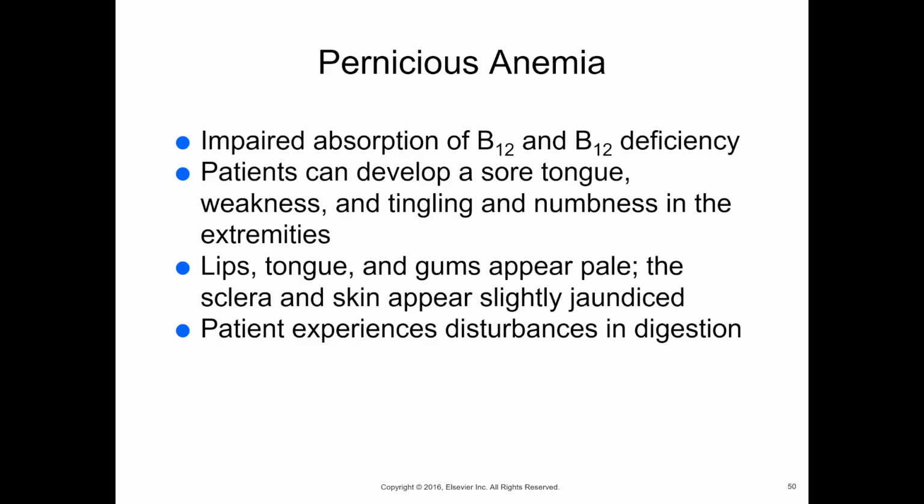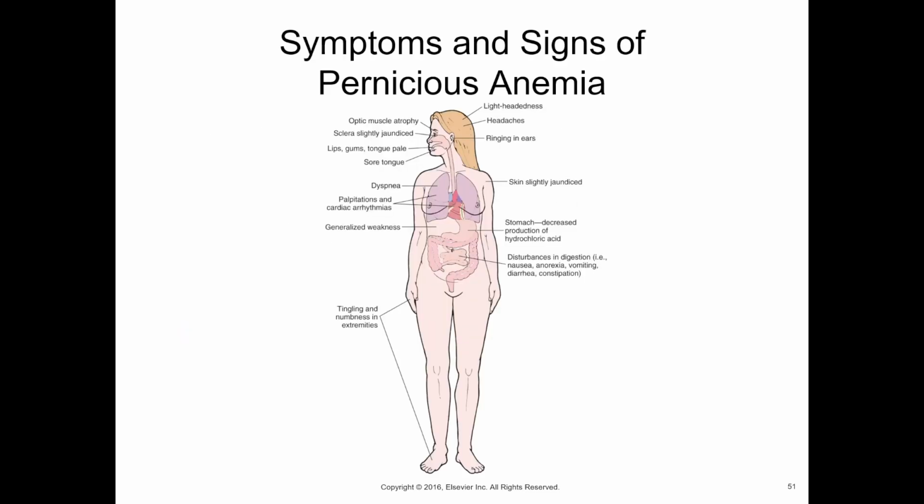Essentially, what you're getting is antibodies specifically produced against parietal cells of the stomach. Parietal cells produce both the hydrochloric acid and the intrinsic factor. So pernicious anemia realistically looks like just about any other type of anemia.